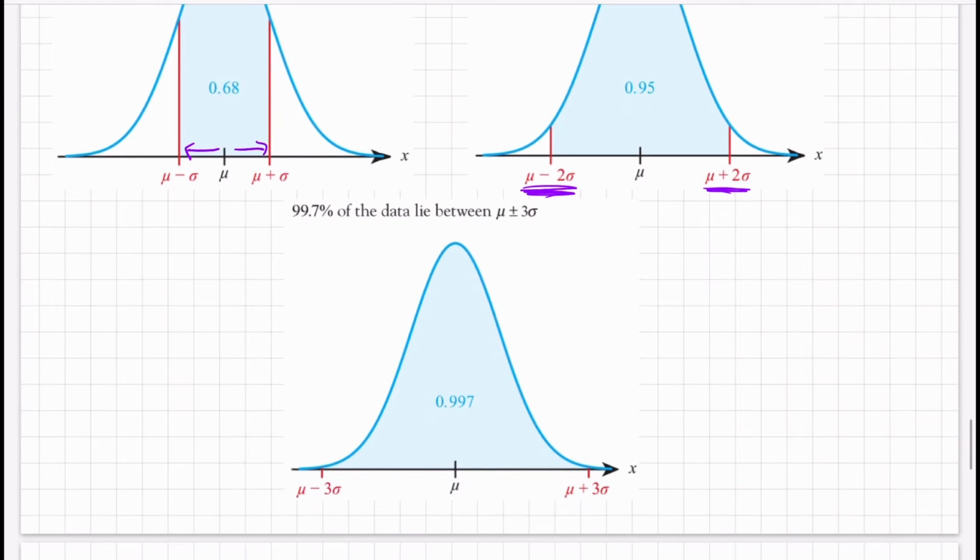And then we also have, if we add and subtract 3 standard deviations, that 99.7% of the data lies between those 2 values. Now with these, generally once again you'll just use technology to solve. Those 3 diagrams, they'll just kind of give you an idea of how the probabilities are distributed.